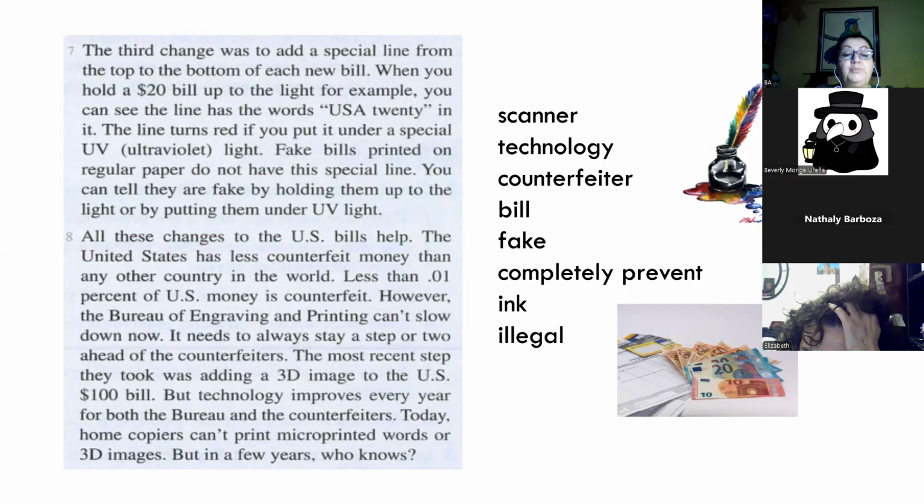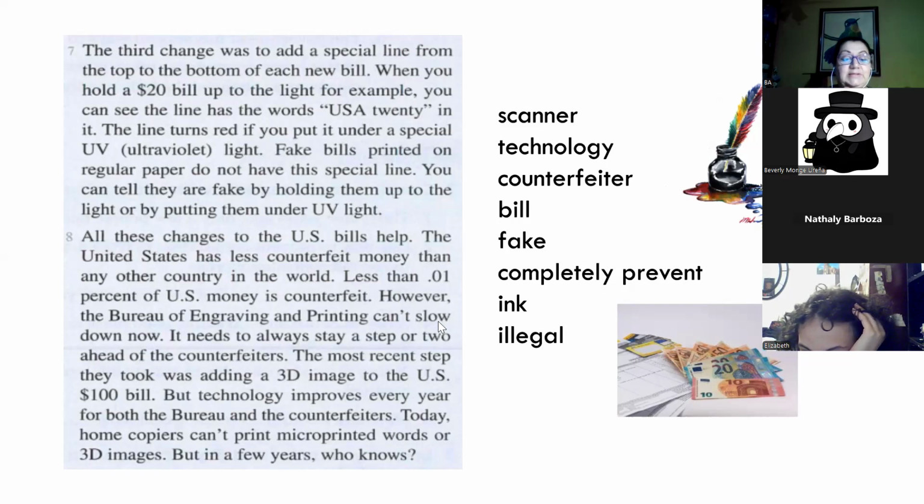Fake bills printed on regular paper do not have the special line. You can tell they are fake by holding them up to the light or by putting them under a UV light. Okay, so what is another characteristic of security for the bills? UV line. A UV line, a line. And you see in the bills, there is a line for security.